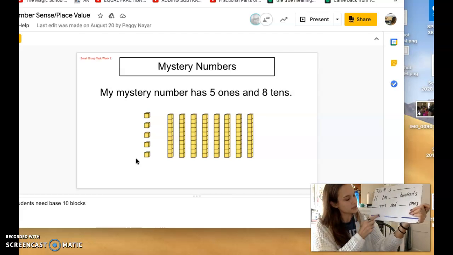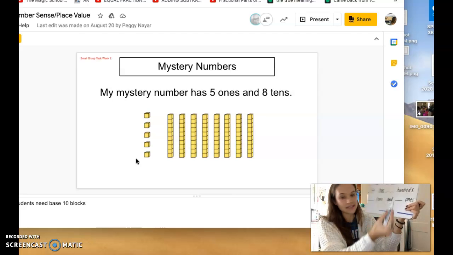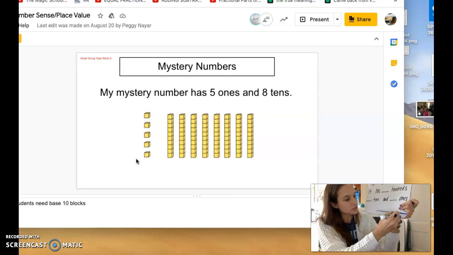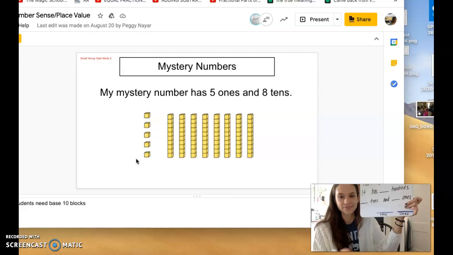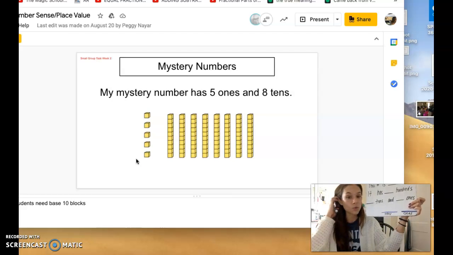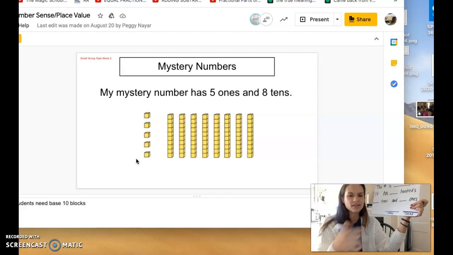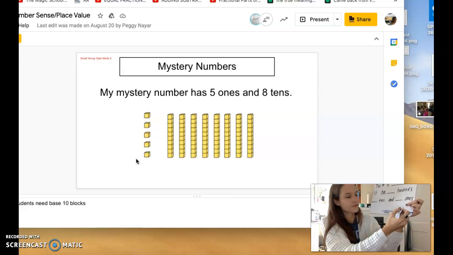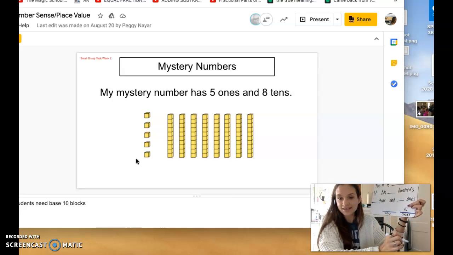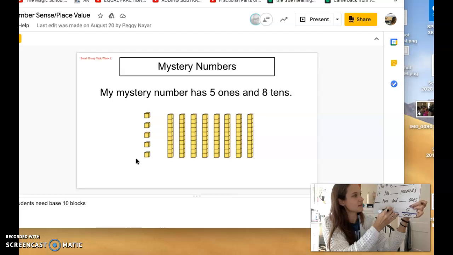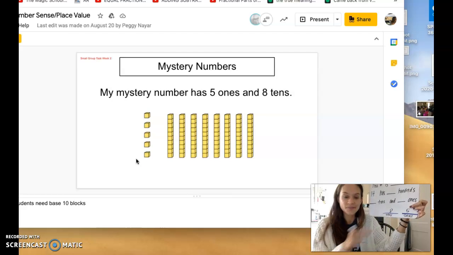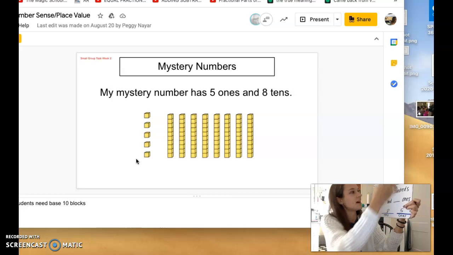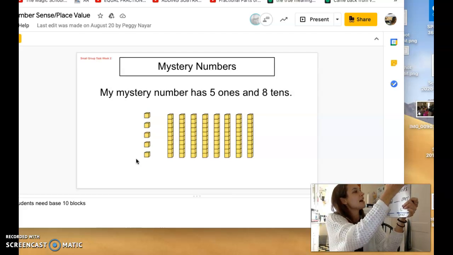Right now we just have ones and tens. So I'm going to write down ones and tens right here, because our number only has ones and tens in it. How many ones does it have? 5. How many tens does it have? 8. So what number is it? It's 85. This number is 85.